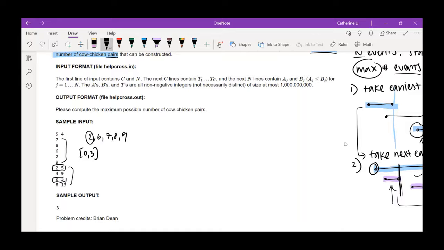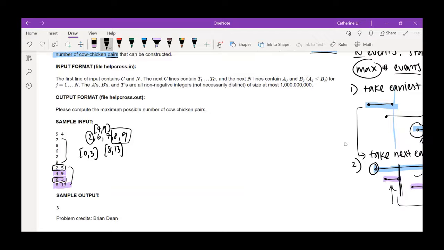Then we do the same thing for 6. 0, 3 is crossed out, so 6 only goes into 4, 9. Then 7 only goes into 8, 13. And then 8 and 9 don't fall into any intervals, which means we're not going to do anything with those chickens.